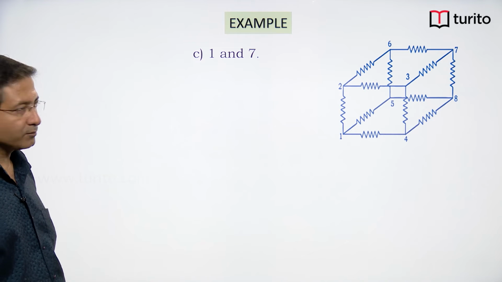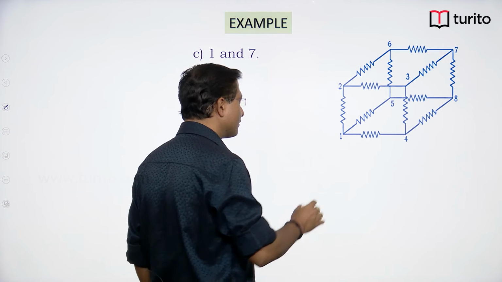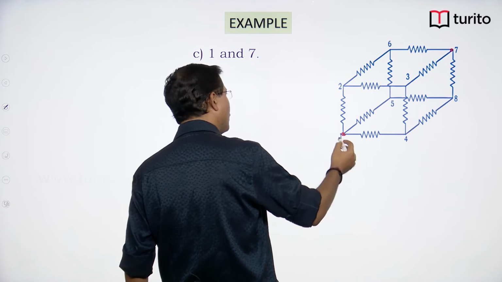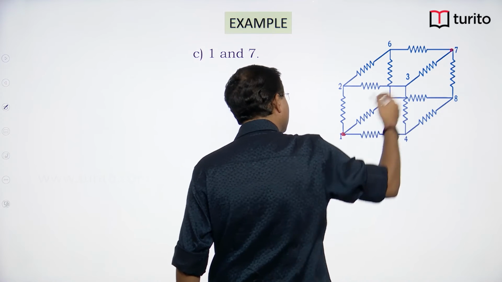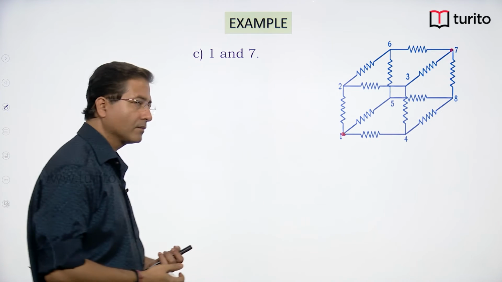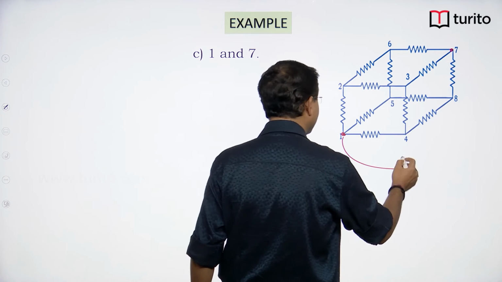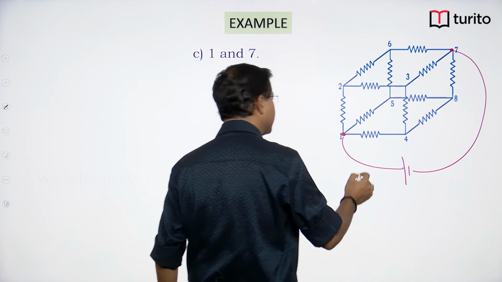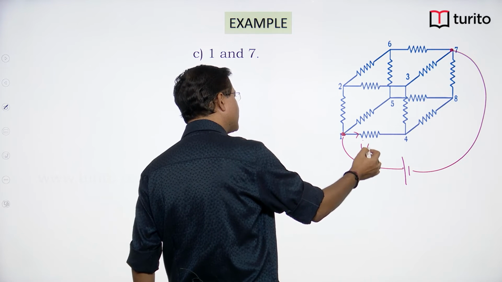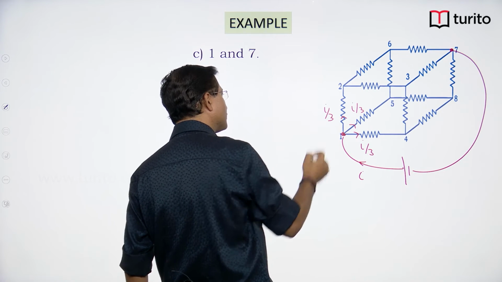Across 1 and 7 there is input output symmetry, okay, and no matter whatever path you follow from 1 to reach 7, all contain the same number of resistors, all direct paths are same. So, as all paths are same, if I connect a V volt battery and it gives current I, out of that 1/3 current will follow this path, 1/3 current will follow this path, and 1/3 current will follow this path.